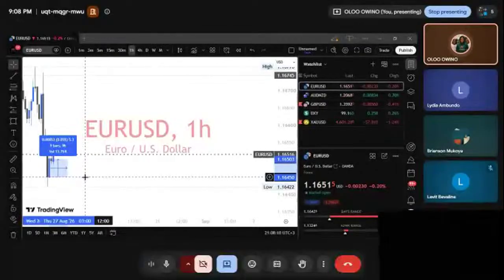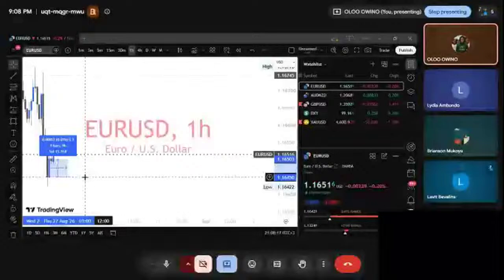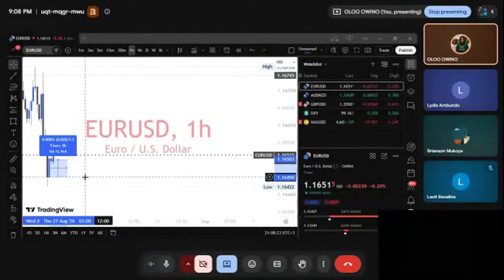Now our movement is basically 5 pips. Have you understood the concept of pips? That is 0.0005. We said in USD, we calculate our pip movement from the fourth decimal: 1, 2, 3, 4. The fourth decimal is 5. So our movement is 5 pips.